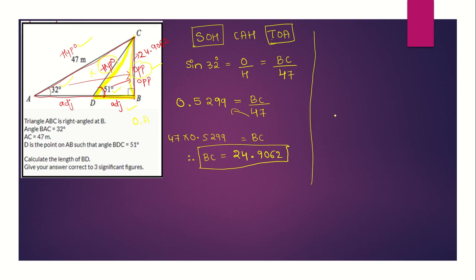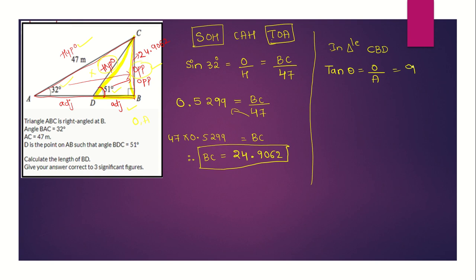So this is for triangle CBD, that is right angle at B. What is the value we know? We know that tan of the angle theta, what is tan theta? Tan theta is defined as opposite by adjacent.